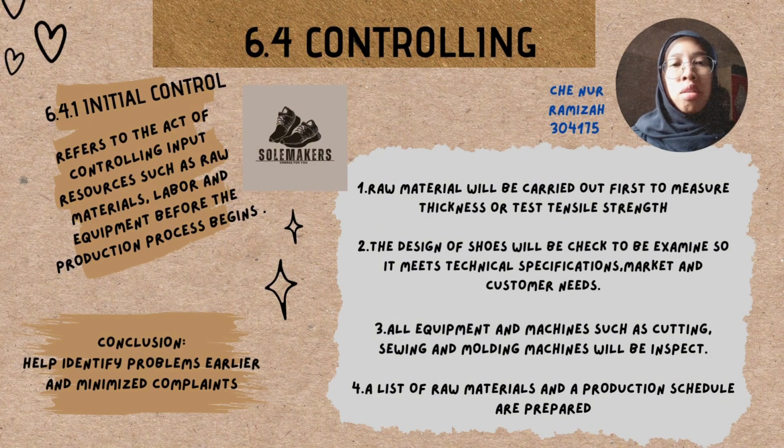And then, all machines such as the cutting machine, sewing machine, and molding machine will also be inspected. And lastly, the company will prepare a list of raw materials and a production schedule before continuing to the current control.